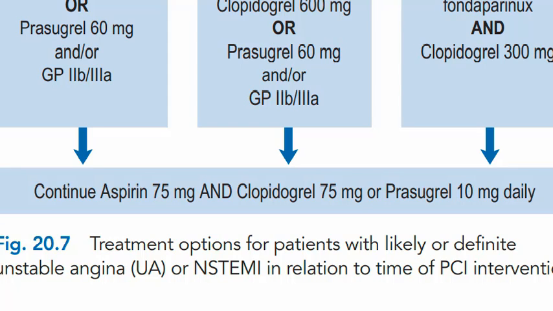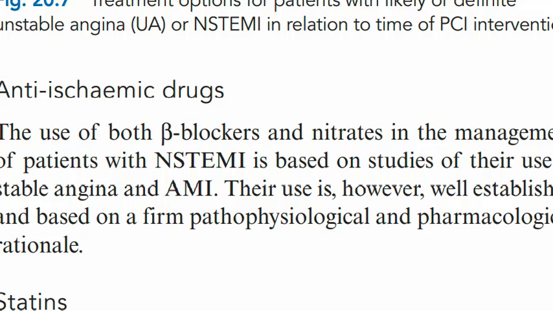All these three treatments will be followed by continuous aspirin use, that is 75 mg, and clopidogrel 75 mg or prasugrel 10 mg daily. These are the treatment options for unstable angina or non-STEMI in relation to PCI intervention. Furthermore, anti-ischemic drugs like beta blockers and nitrates can be used according to the need of the person.